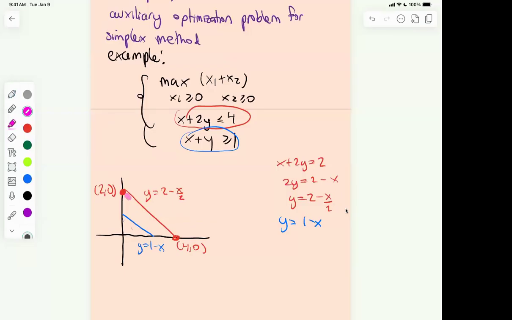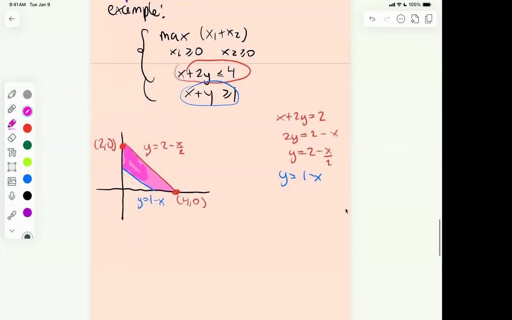So this is the region here. Okay, so that's roughly what the convex region corresponds to in this case.